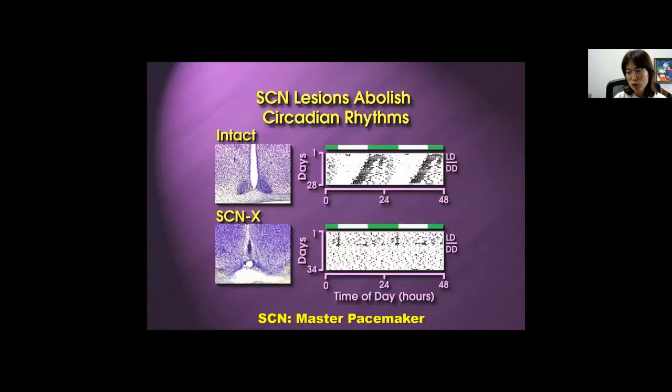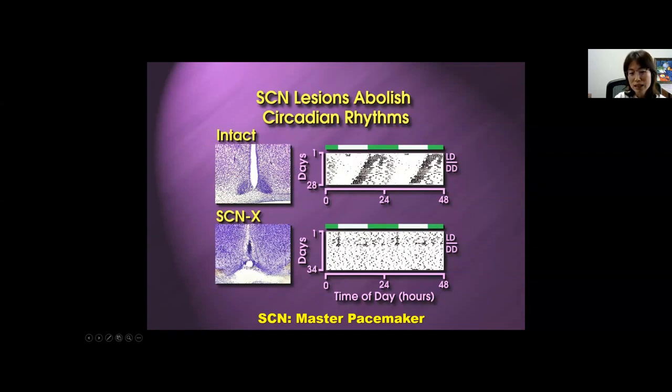And people knew the SCN is the master pacemaker based on lesion studies. So in the early 70s, a lot of people did this kind of lesion study, basically putting in an electrode and melting a local brain area, like a lot of nucleus areas and neurons, and seeing if it impacts mouse circadian behavior.